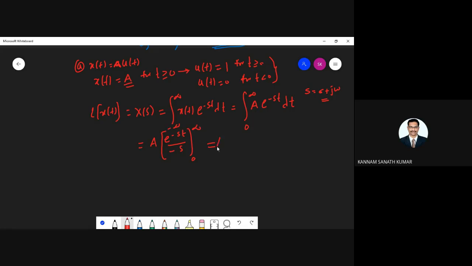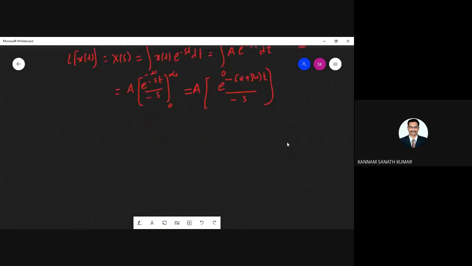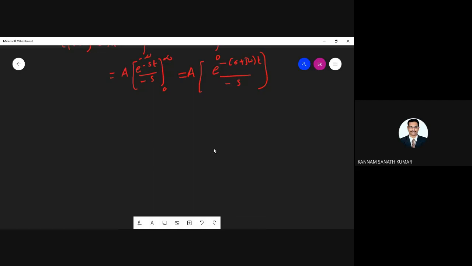So we get A into e power minus sigma plus j omega into t, divided by minus s. As you know, s equals sigma plus j omega, a combination of real part as well as imaginary part in the s domain.